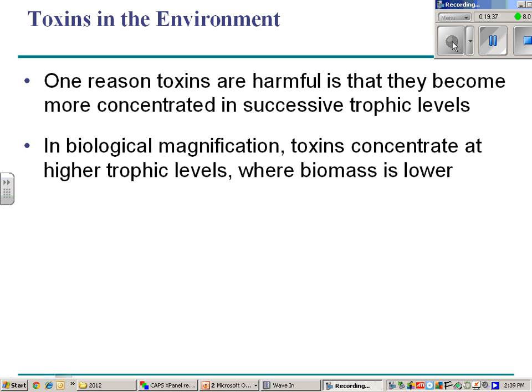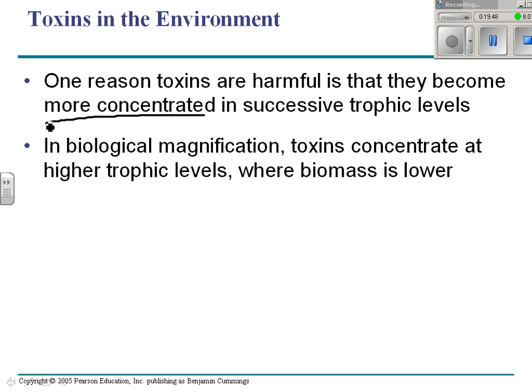So then we also talk about toxins that are abiotic, but we have put them into the environment. When we put toxins into the environment, one of the problems is they get more concentrated the higher up you go in the trophic levels. It's called biological magnification.